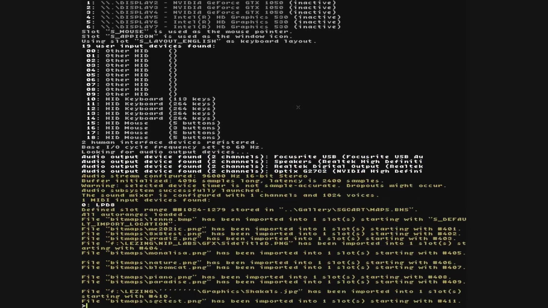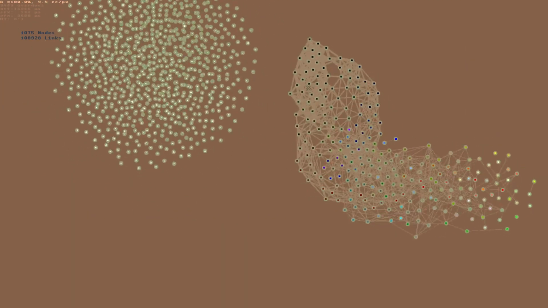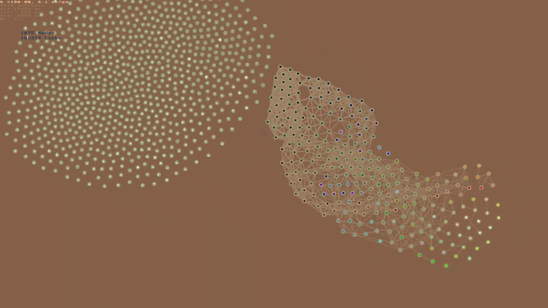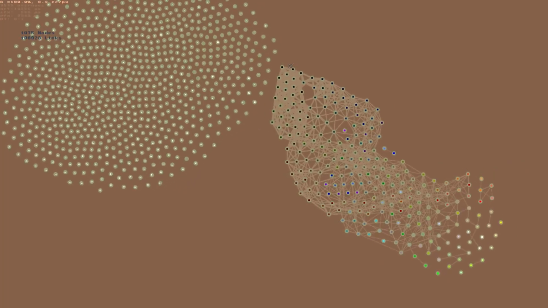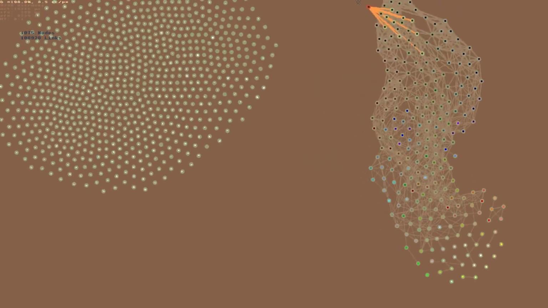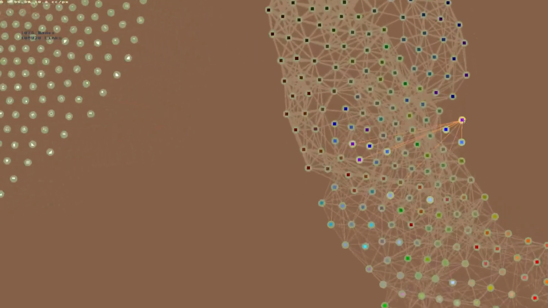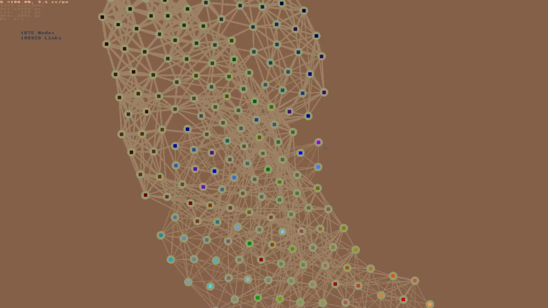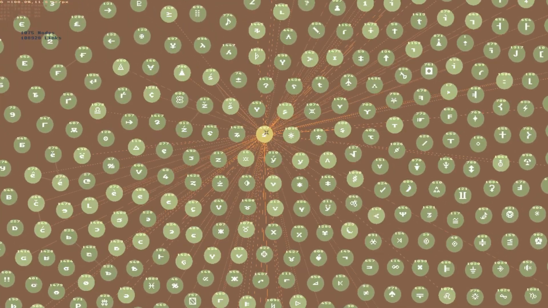Well, here's the graph visualizer that shows the graphs that are used for the search. Basically, that is the brains of the generator. There are 2 brains, 2 graphs. The first graph is used for colors, and the second one contains characters or glyphs that are connected to each other based on similarity.